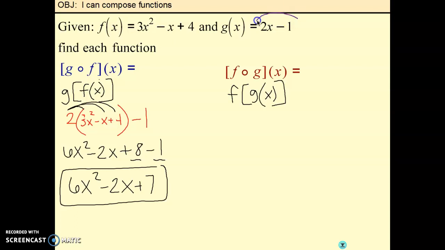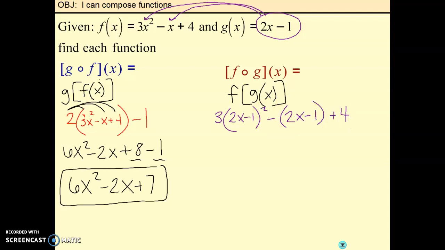I'm going to plug g of x, that binomial, here and here. So I get to plug it in 2 spots and do a whole lot of algebra, right? So once we understand the concept, hopefully we realize, okay, I get the concept. It's just a lot of algebra, but essentially after we get the concept down, it becomes review.